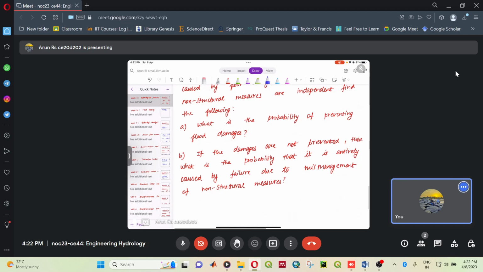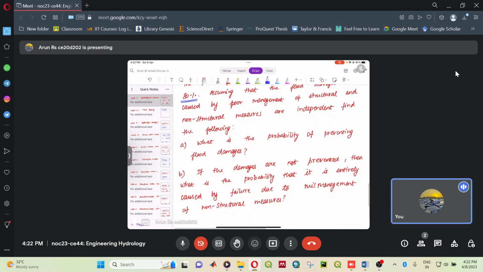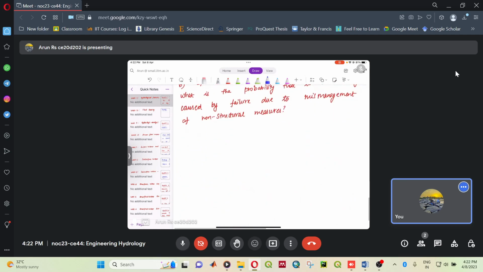So here they have already given probability of preventing the flood damages, but we need to find out the total probability of preventing the flood damages if either of the measures are improved. So for the first part of the question, we will be using the law of total probability.